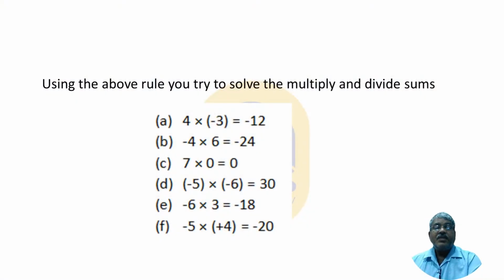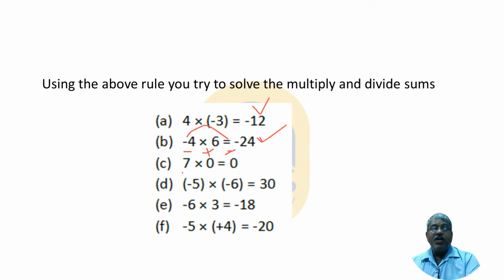Here are the numbers you multiply. 4 into minus 3, plus into minus is equal to minus, first sign given, then 4 into 3 is equal to 12. Similarly, 4 into minus 4 into 6, plus into minus is equal to minus, and 24 is the number.